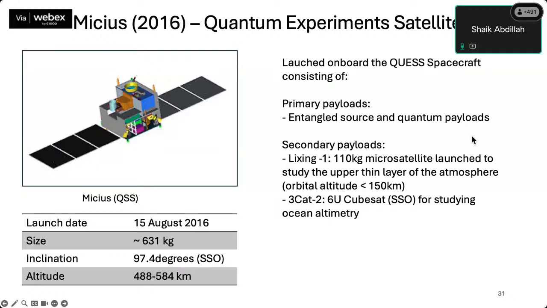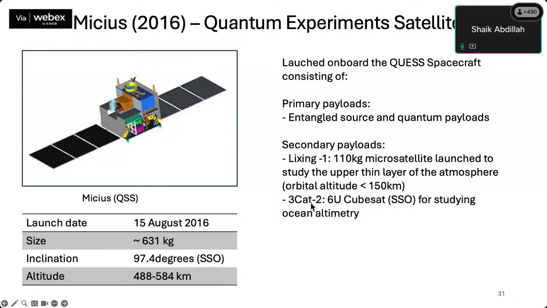They launched a primary payload of entangled photon sources, as well as BB84 quantum payloads, on board the Micius satellite. It was launched in 2016, weighs about 631 kilograms, and is in sun-synchronous orbit with an inclination of about 97.4 degrees.